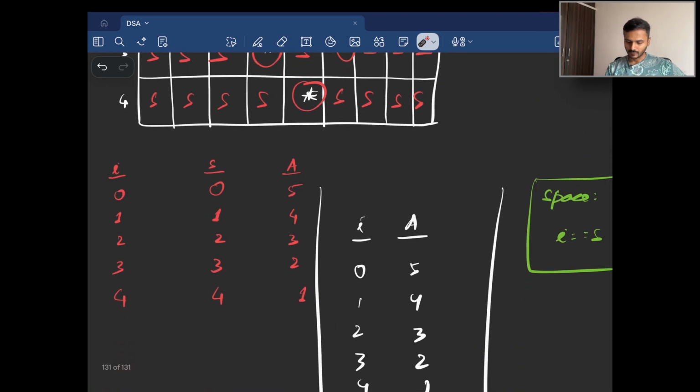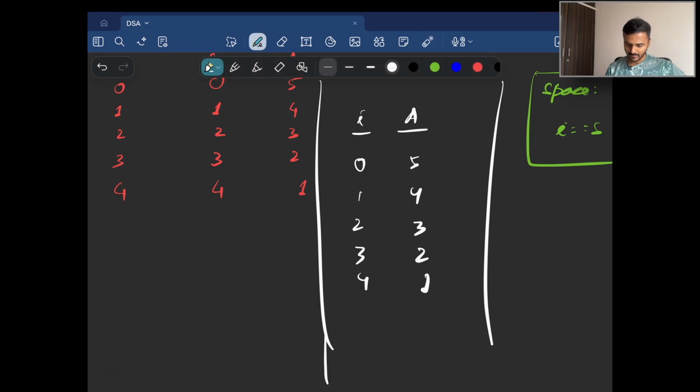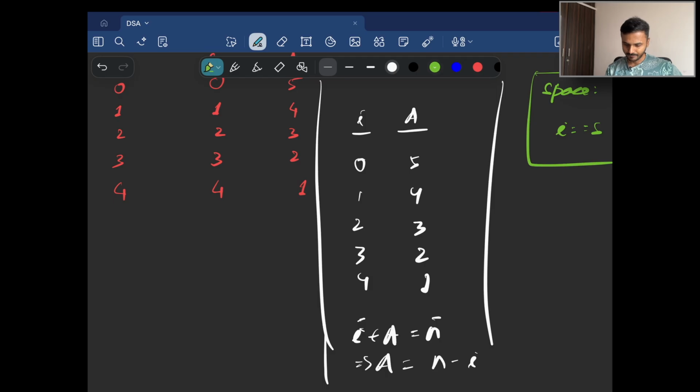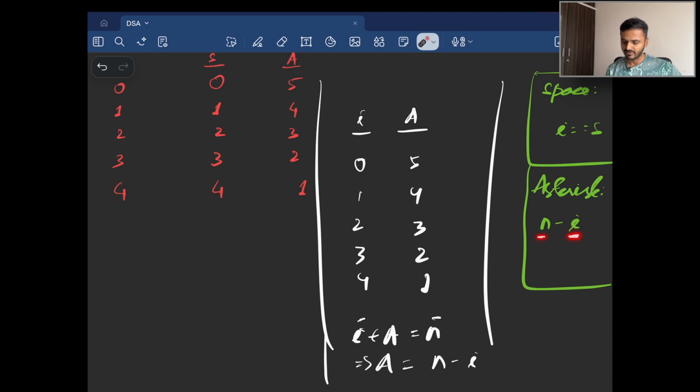So I plus A is going to give us n, which means that if you know n and if you know I, you can determine the number of asterisks to print using this expression. So can we note this down as well? We can. The number of asterisks that we have to print is n minus I, given we know the values of n and I.